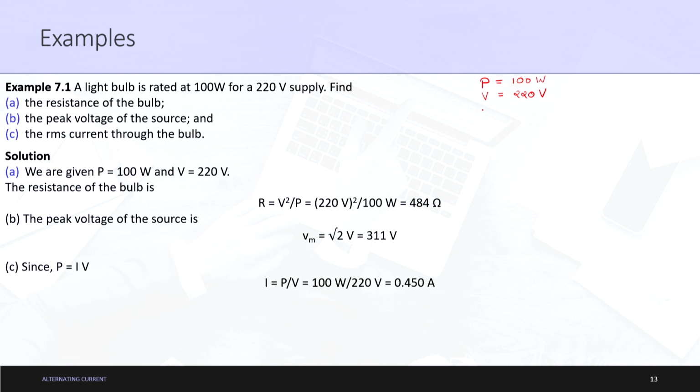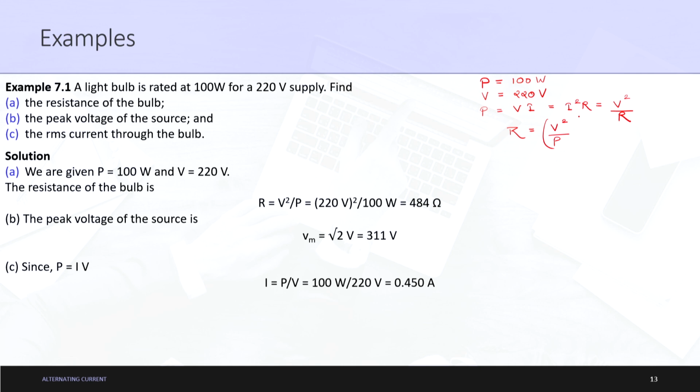We know that power is equal to V into I, which is also equal to I square R, which is also equal to V square upon R. So, if we directly use the last formula, we can say that resistance is equal to capital V square by P. Okay.